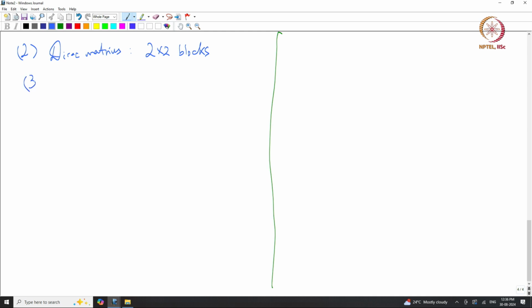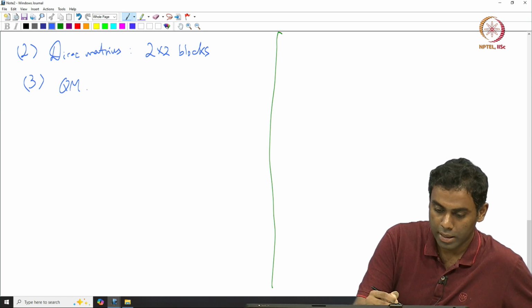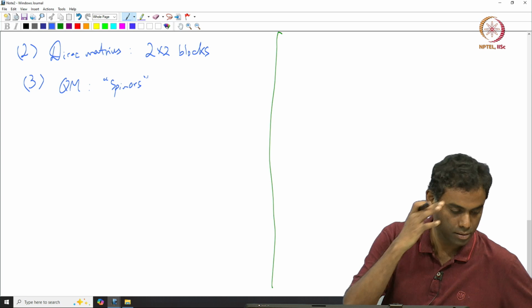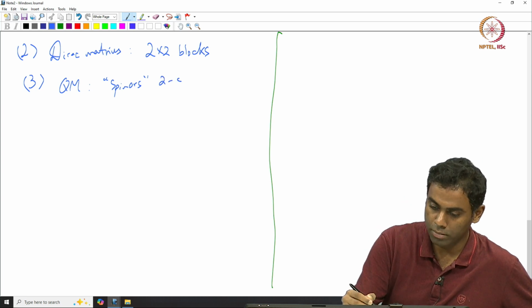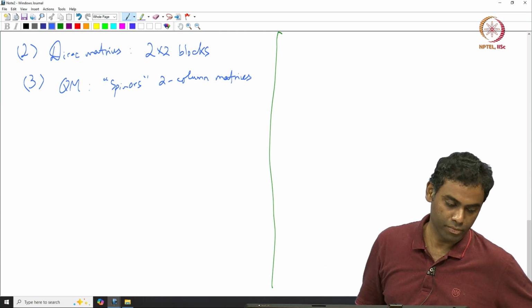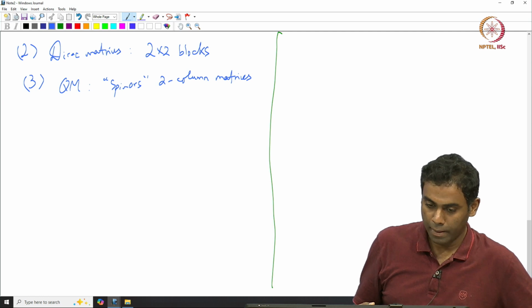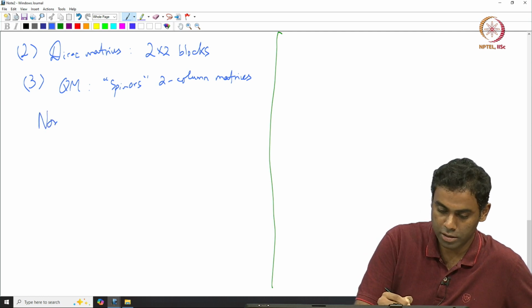And remember also that in quantum mechanics the spinors we used were 2 element column matrices. Agreed? Now what I am going to tell you is that none of this is a coincidence.